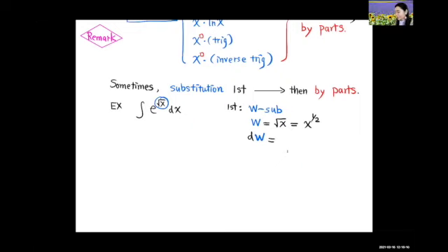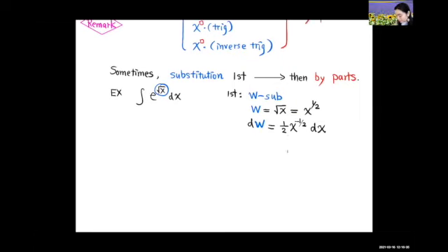So dw is equal to what? 1/2, differentiate this, x to the what power? x to the negative 1/2. Yes, you got it. And then don't forget dx over here, right?